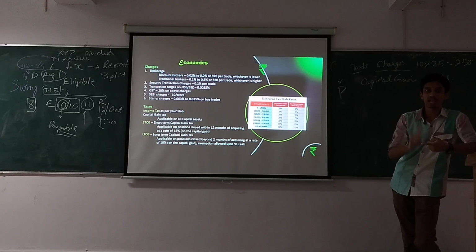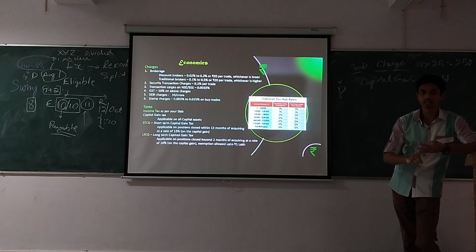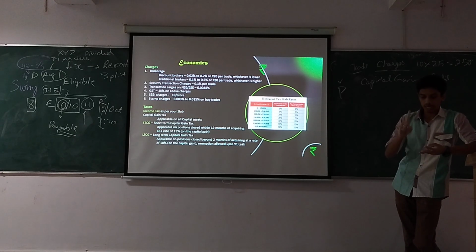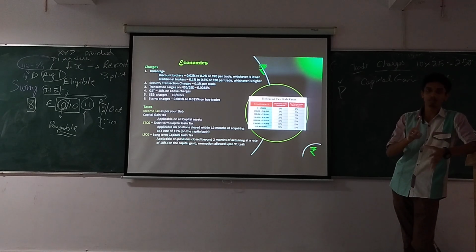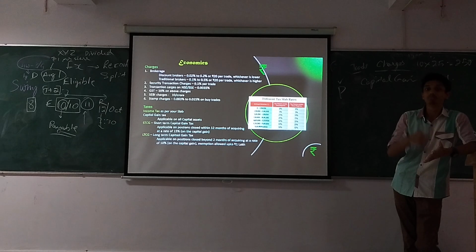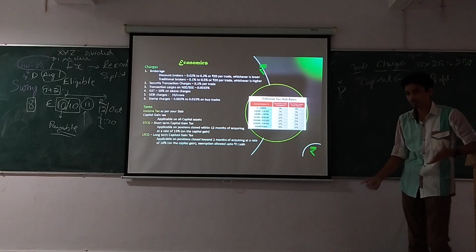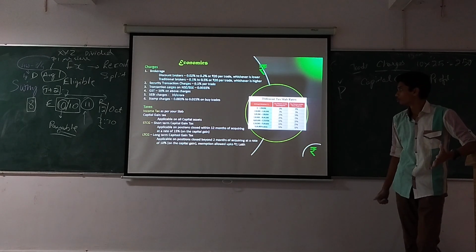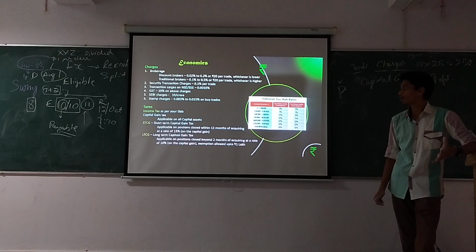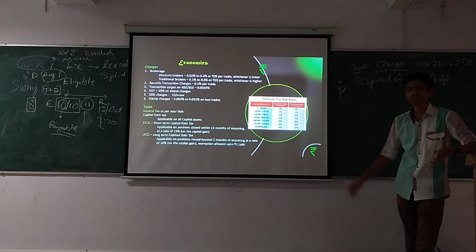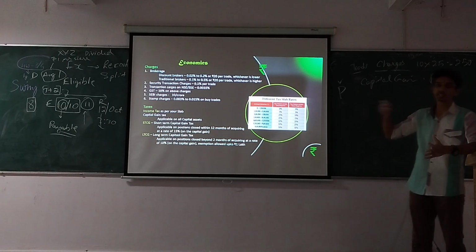It can be land, houses, any other buildings, any building properties. It can be your shares, your government bonds, your vehicles, other assets like gold. All these are capital assets.